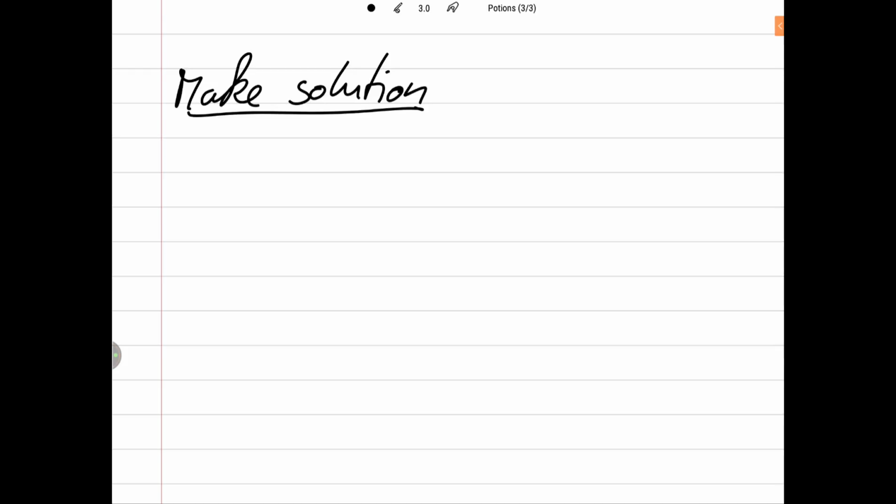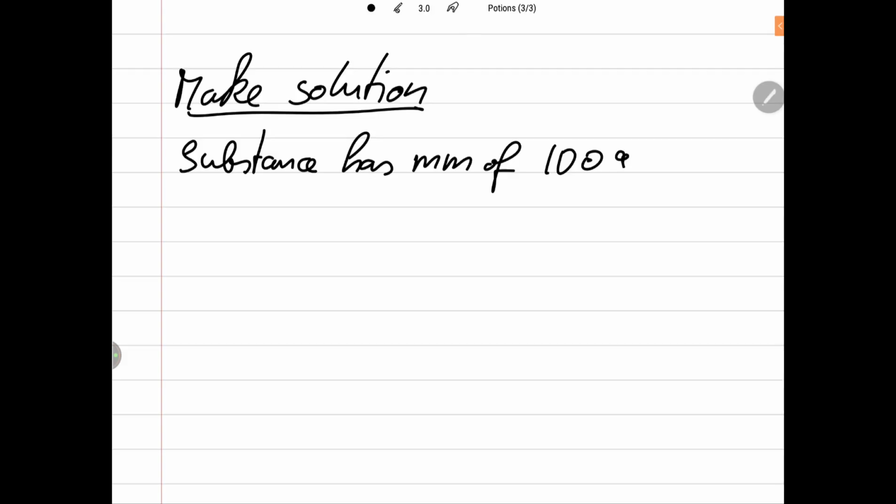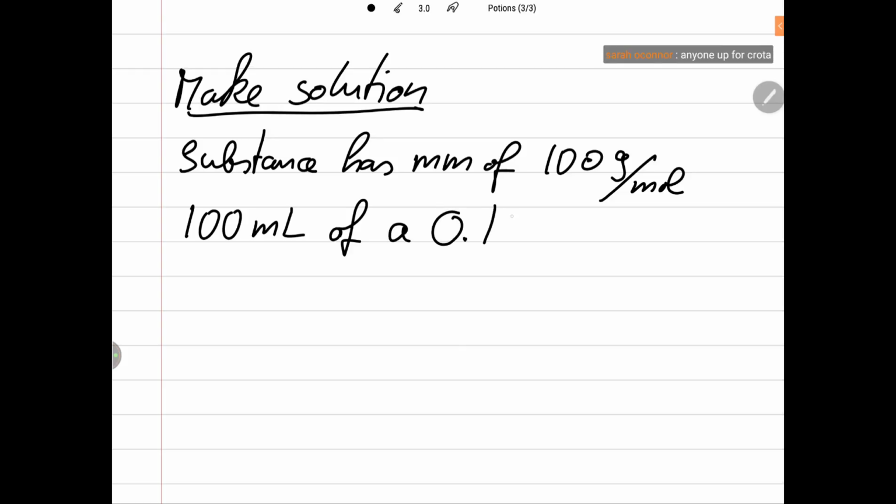Let's make a solution. A substance has a molecular mass of, let's say, 100 grams per mole. We want to make 100 milliliters of a 0.1 mole per liter solution.